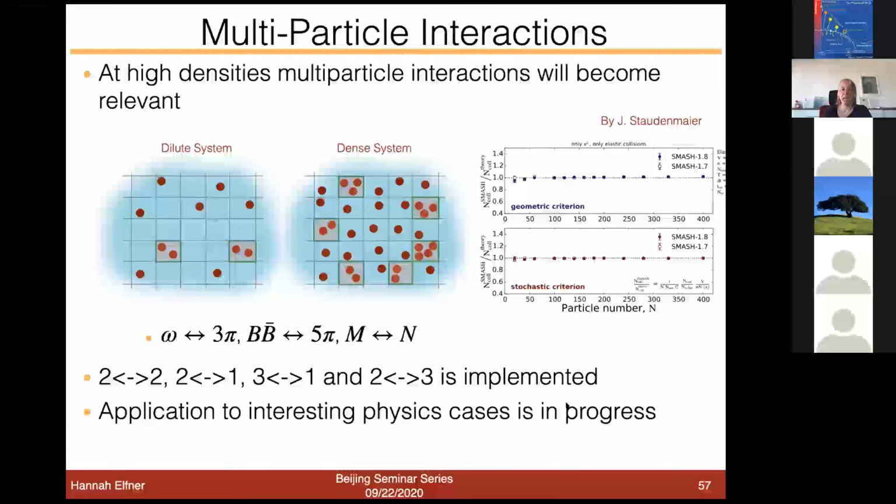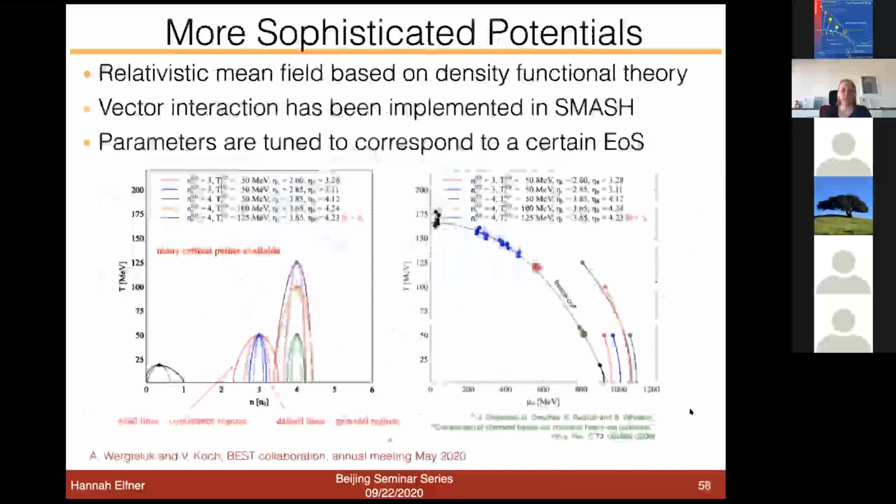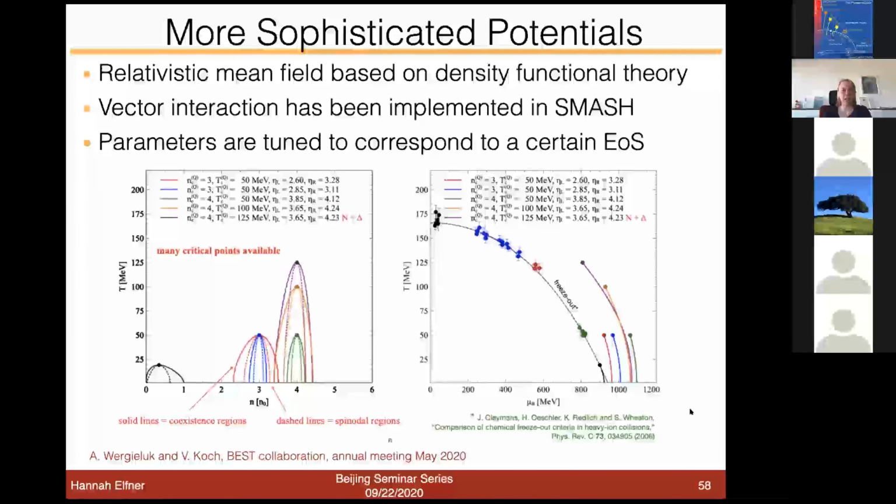Then I would also like to mention an effort carried out by Agnieszka Vergiluk and Volker Koch at Berkeley, but based on SMASH, where they improve our mean fields, or the nucleon-nucleon interaction, with relativistic mean fields. That is also important for the beam energy scan studies, because that allows one to have the same equation of state with a critical point and first order transition also in the transport approach.